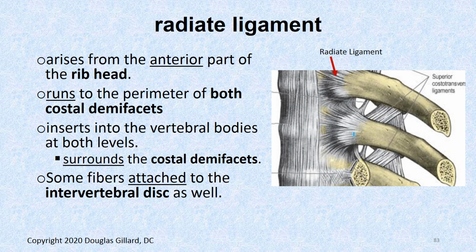It inserts into the vertebral bodies, surrounds the costal demifacets or costal facets, and some of the fibers dig right into the intervertebral disc as well. So it's another support. The posterior lateral corners of the disc can be supported, and the anterior lateral corners can be beefed up with this one as well.